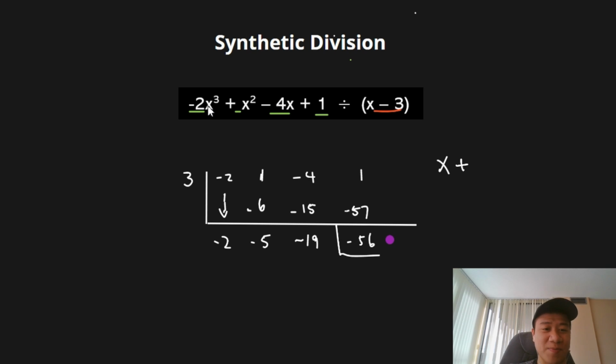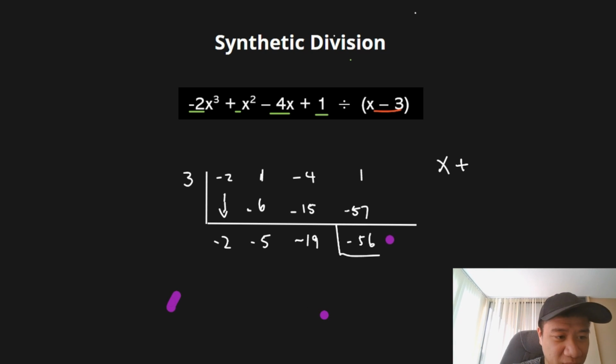So degree is like the exponent on top of your variable. So since there's three numbers here, the degree of the highest term is going to be the number of numbers we see down here minus 1. So what that means is, since we have three numbers here, the highest degree of our quotient is going to be 2.